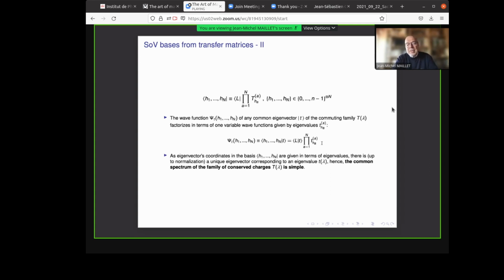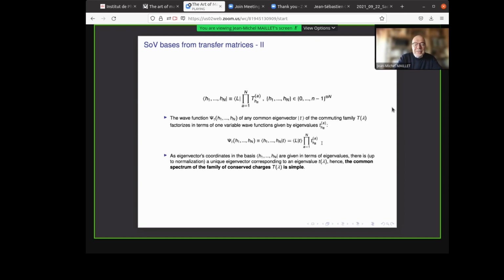So you have separation. An immediate consequence is also that any eigenvector is determined by its eigenvalues. It means that necessarily the common spectrum of your conserved charges T(lambda) is simple. Whenever you fix the eigenvalue, you fix the eigenvector up to some trivial constant.